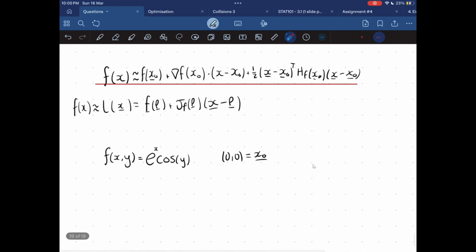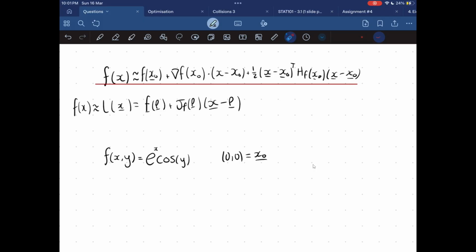Underneath that is just the linear bit, which is simply this first term here, just right before the half. So we're going to evaluate the linear part at x using the function evaluated at the point P, in this case 0, 0, plus the Jacobian evaluated at the point P times x minus P.